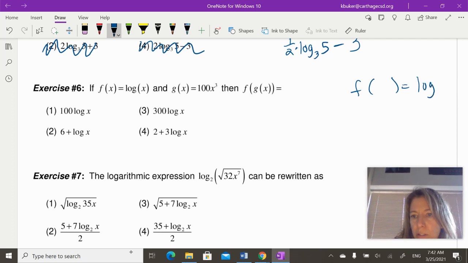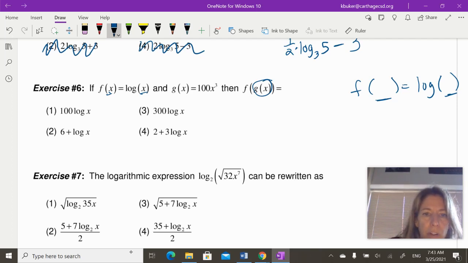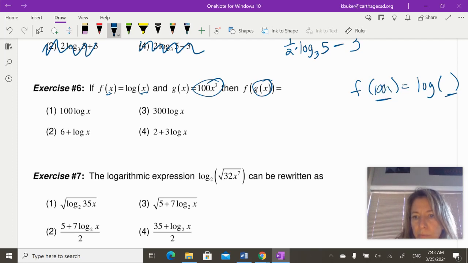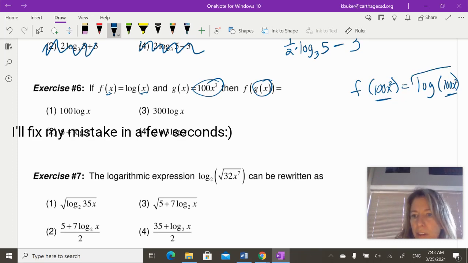They give us a number to input into parentheses that would replace this x. But instead of giving us a number, they're telling us g of x. Well, since g of x is equal to 100x squared, that's what I'm going to substitute into my parentheses. So basically I have to evaluate this.